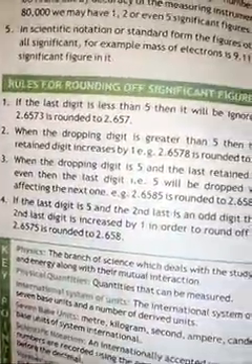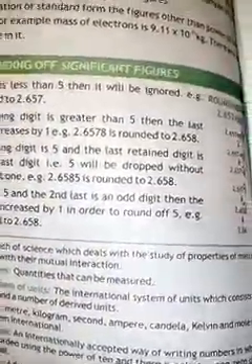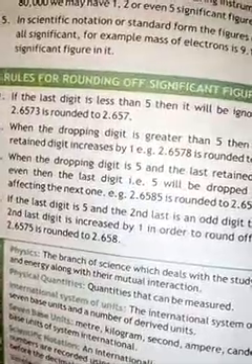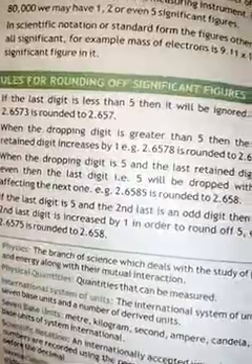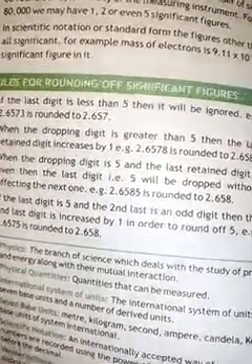Now the third rule is when the dropped digit is 5 and the last retained digit is even, then the last digit, that is 5, will be dropped without affecting the next one.